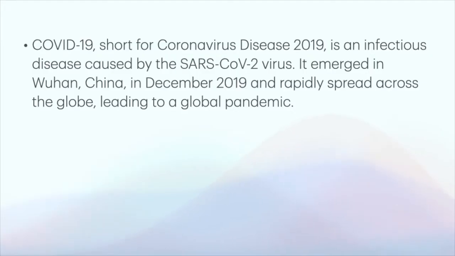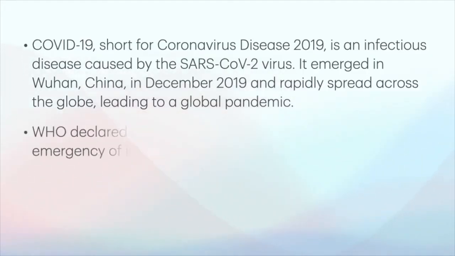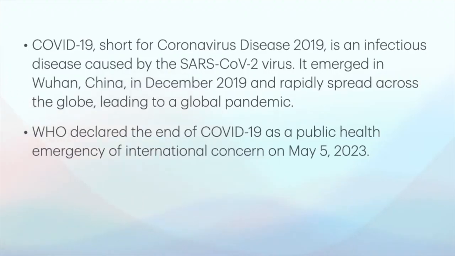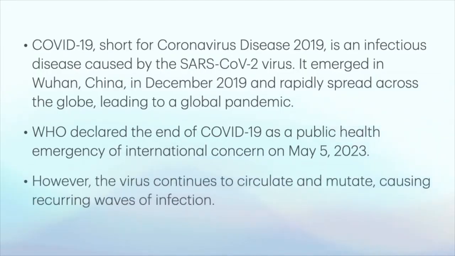It emerged in Wuhan, China in December 2019 and rapidly spread across the globe, leading to the global pandemic. WHO declared the end of COVID-19 as a public health emergency of international concern in May 2023. However, the virus continues to circulate and mutate, causing recurring waves of infection.